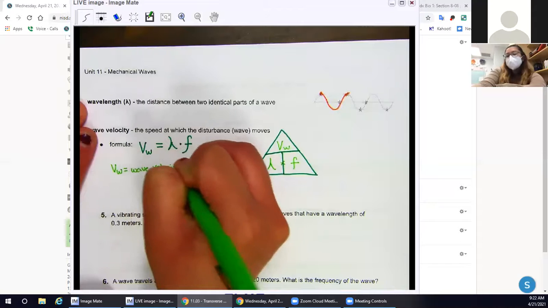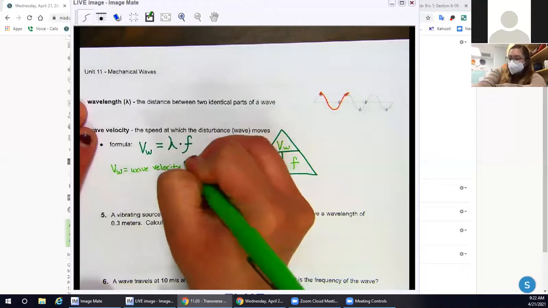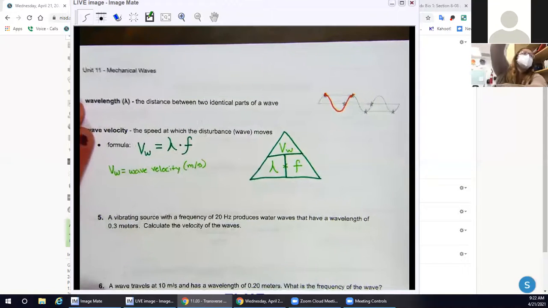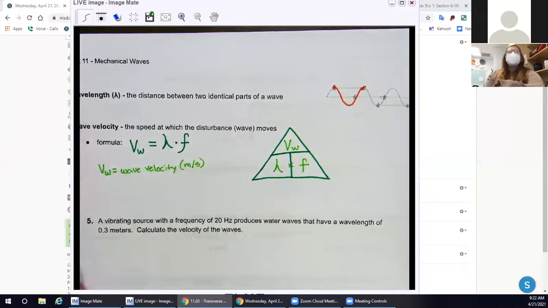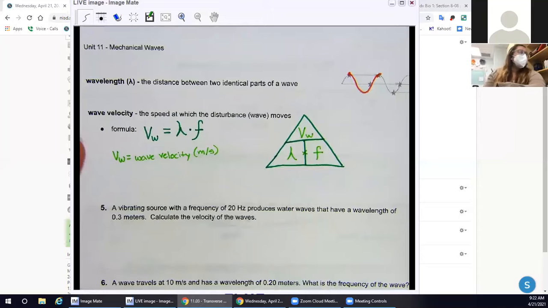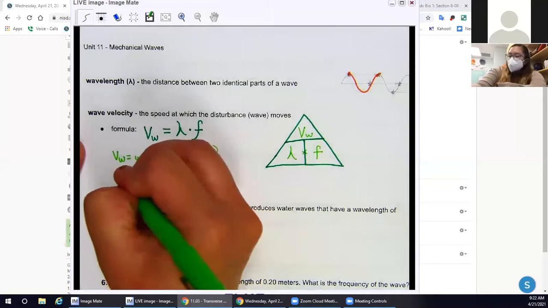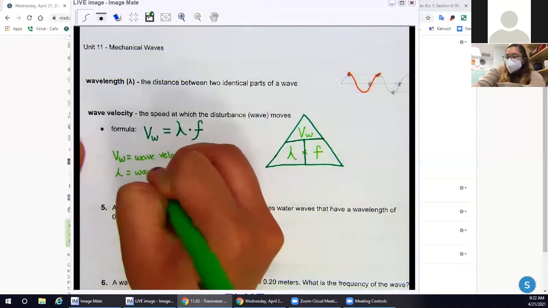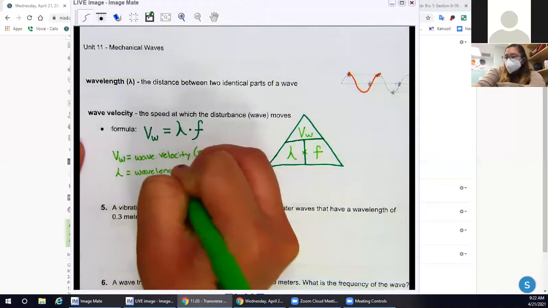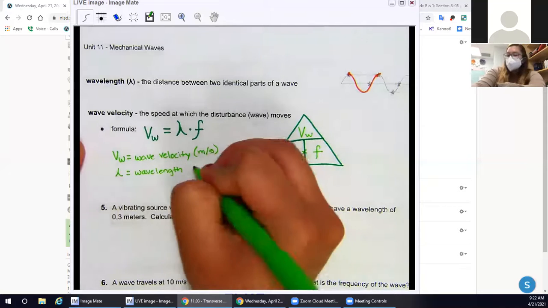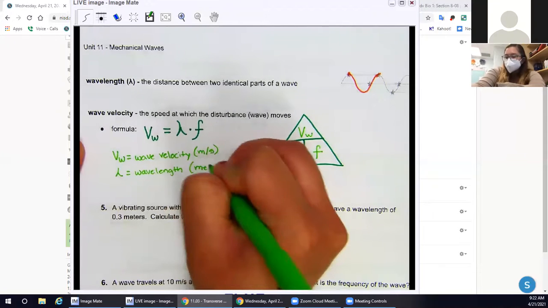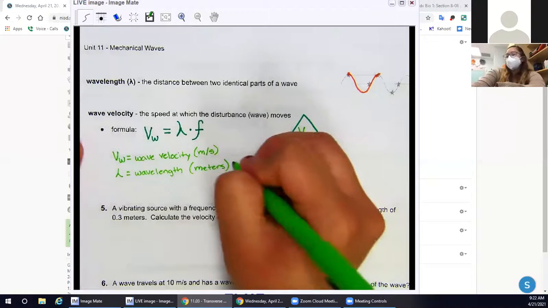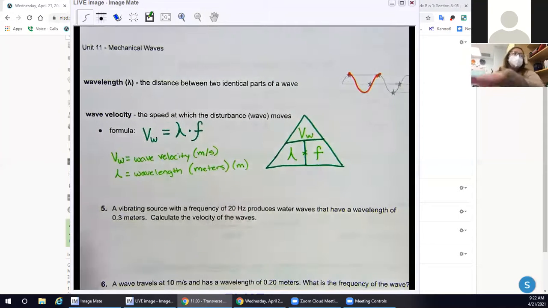And just like all velocities, it's going to be measured in meters per second, unless you're dealing with big waves, then it would be kilometers per hour, which we're not doing. The upside down Y, that's wavelength. And that's going to be measured in meters, or just the M. Same thing.